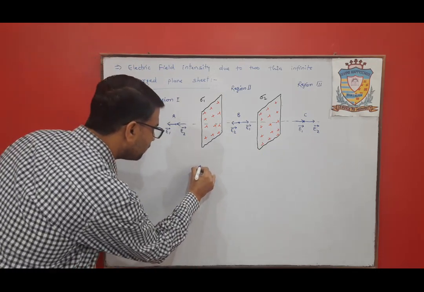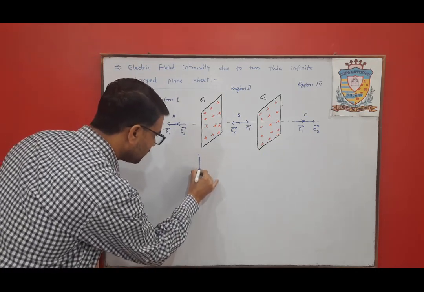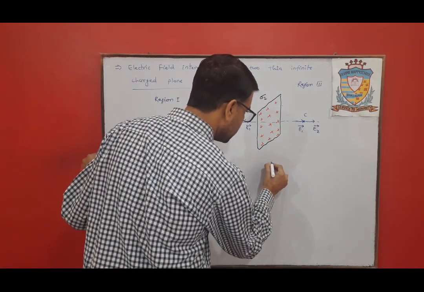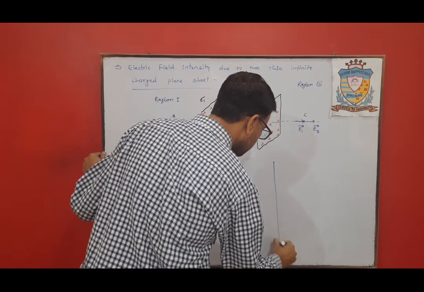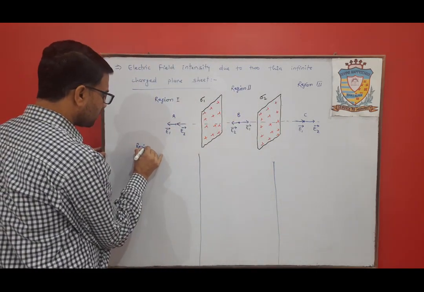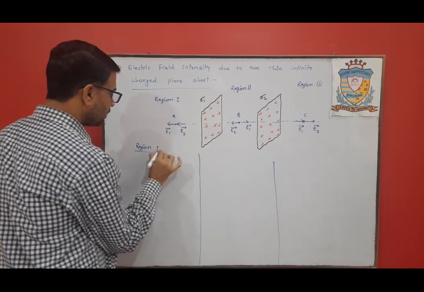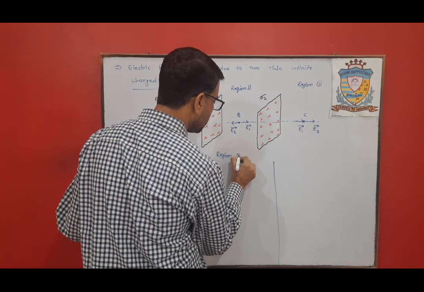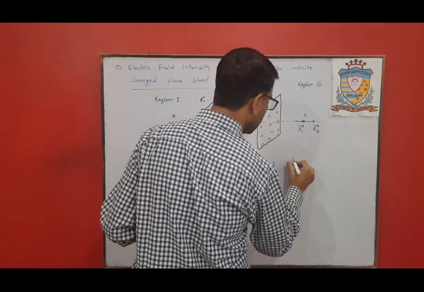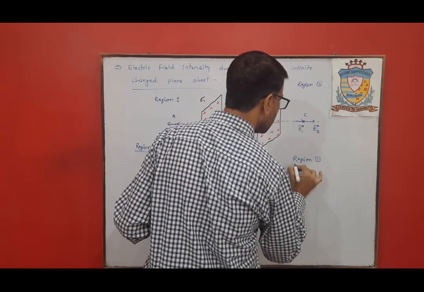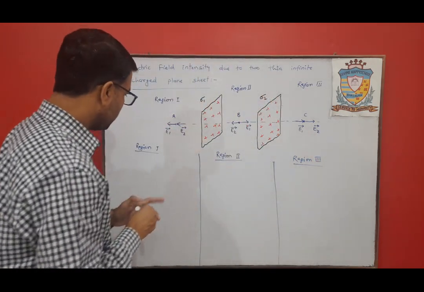Now we have three different regions, so we will calculate accordingly. This is our region 1, region 2 and region 3.